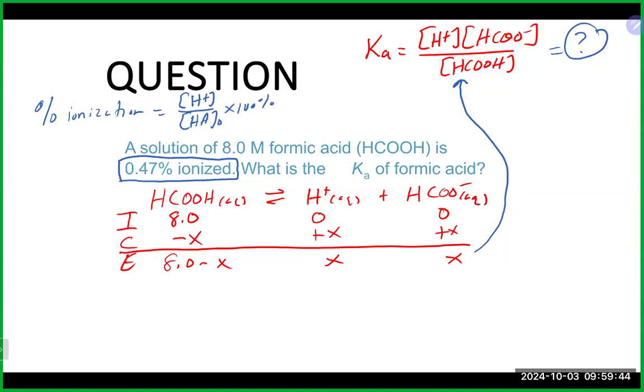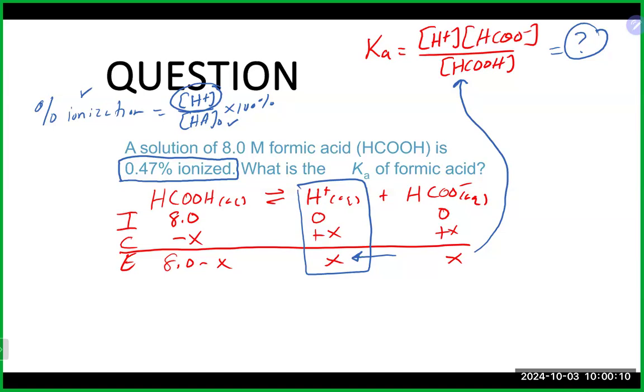What we do know is the initial concentration, which is 8, and we know the percent ionization. That's going to allow us to figure out how much H plus there is at equilibrium. That's important because if we follow our ice table, that will give us our X value.